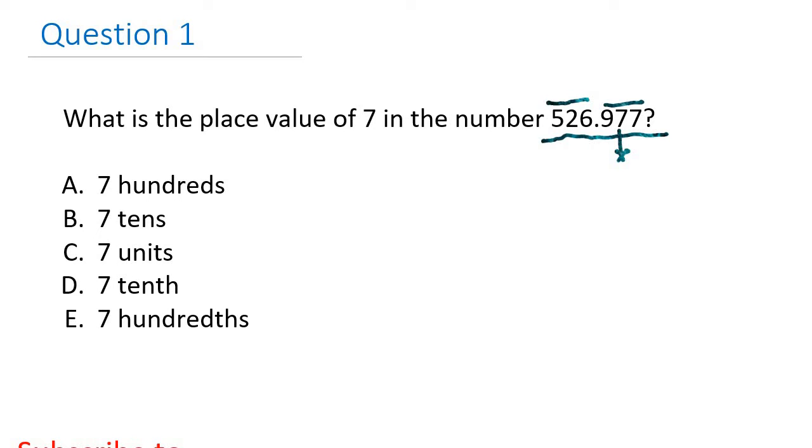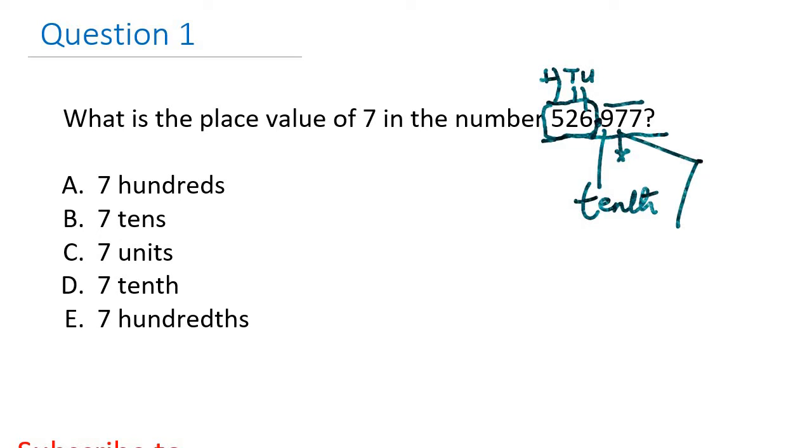Now, since the digits you have before the decimal point are whole numbers, 6 will be units, 2 will be tens, 5 will be hundreds. After the decimal point, 9 won't be units. After the decimal point here, the first digit 9 is tenths, which means 9 over 10 or divided by 10.